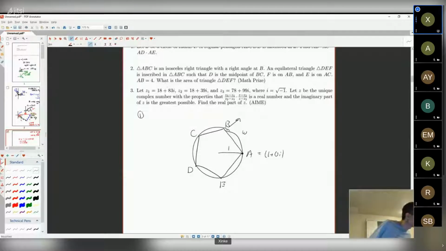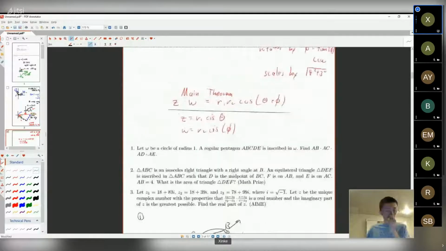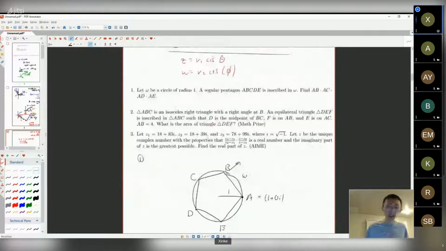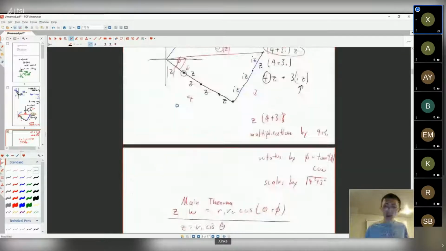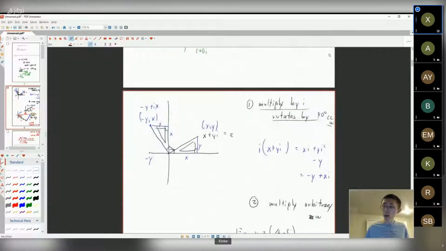Would using linear transformations also work for this? Well, linear transformations, the idea is kind of similar to the theorem we did up here.